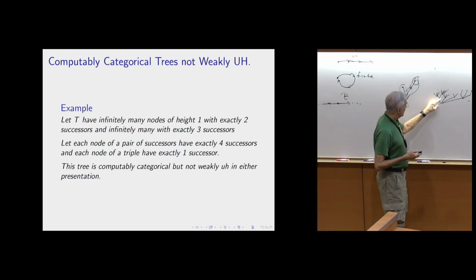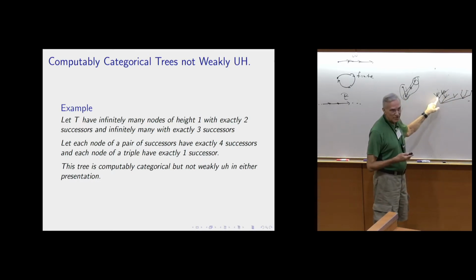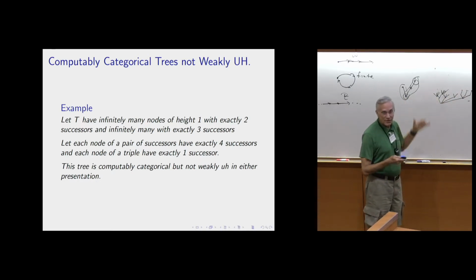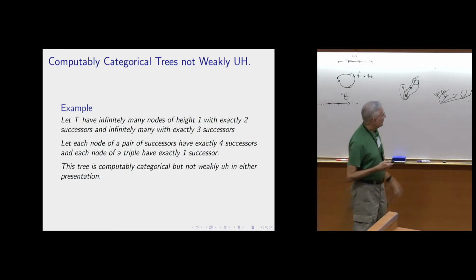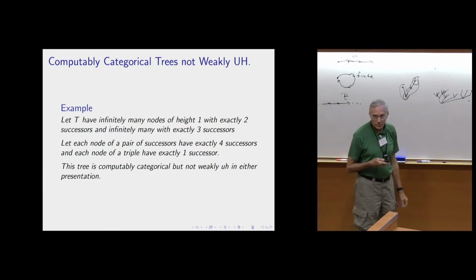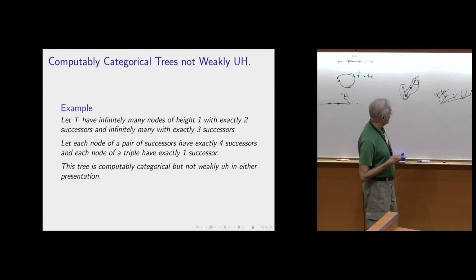If you're on a 2 node, you look above, and as soon as you see 2 branches there, you can't be a 3 node because those only have 1 extension. Then you know you're not going to have a 3rd one. That allows you to build a computable isomorphism. So these things can be not homogeneous, not even weakly homogeneous, but they're still computably categorical.